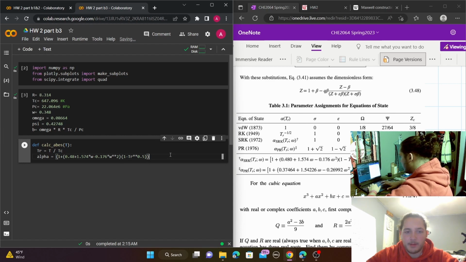And then we can go on the outside and then square it. So that is our alpha equation for the SRK equation of state.